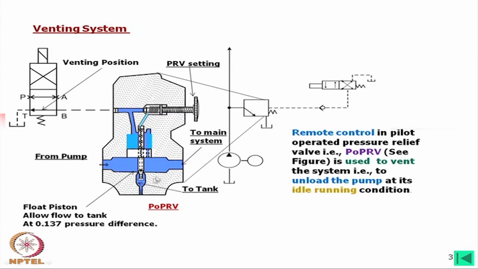This area and this area are the same. So when there is no flow, it will be in its steady state position, with equal force from both sides. With the light spring, it is closed and oil is not going through this passage. Okay.